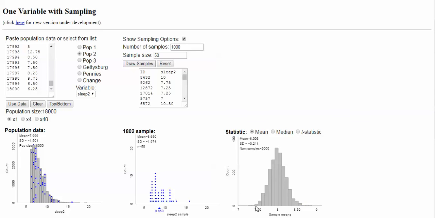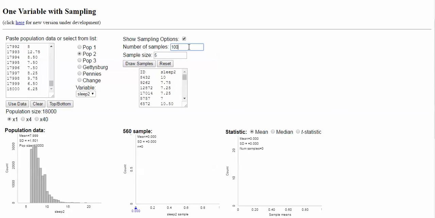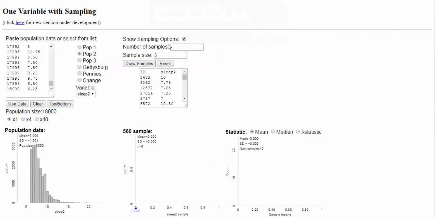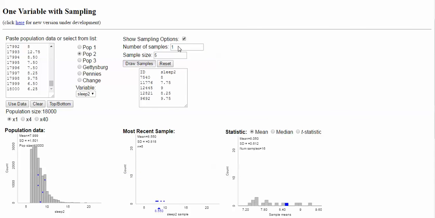I think that this feature becomes a little bit more clear if we go back to a smaller sample size, like let's say 5. I'll have it give me, it can do it one at a time also, but I'll do 1,000.